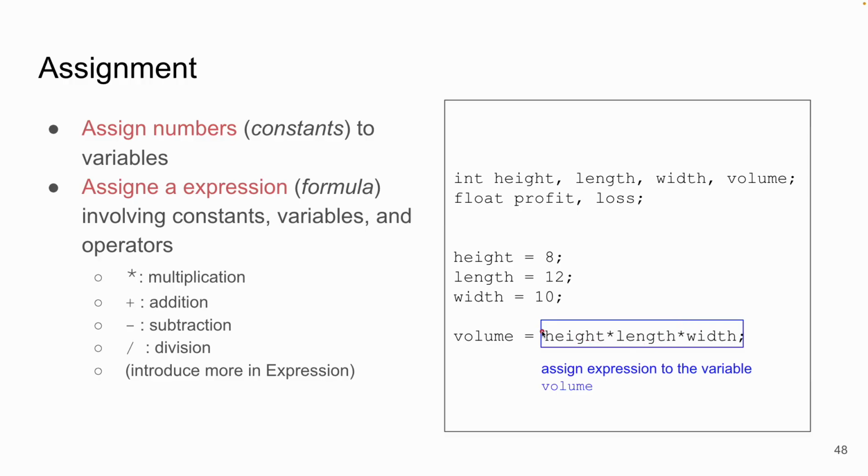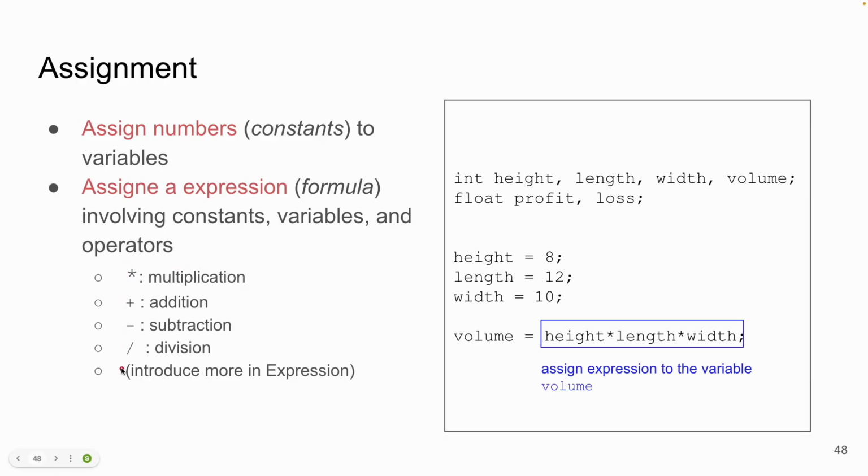So we can calculate the final result and then assign the result value to the variable volume. This is one thing we can do. We call these formulas and expressions in C. And in an expression, we can contain variables, constants, and operators.